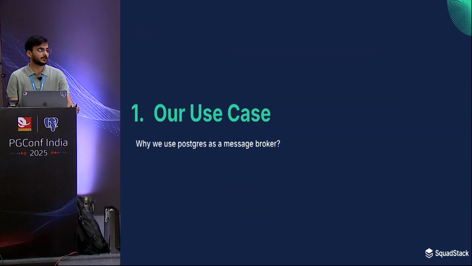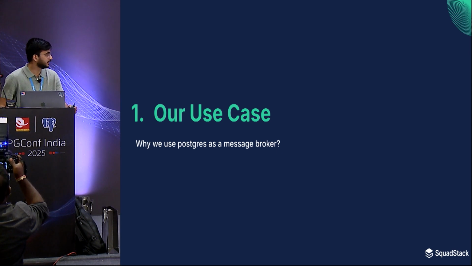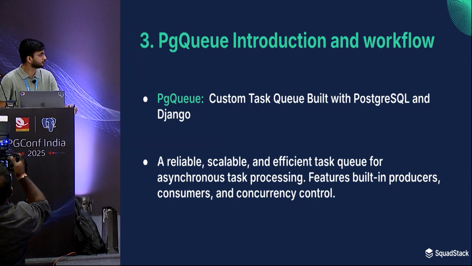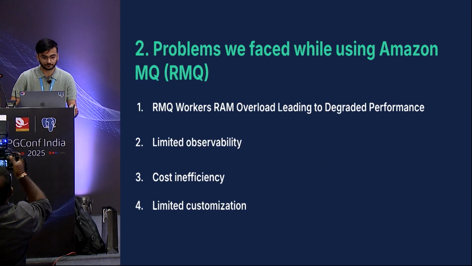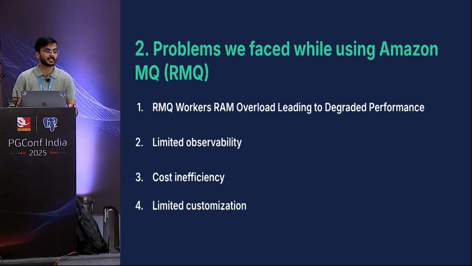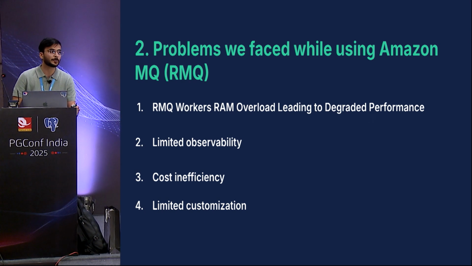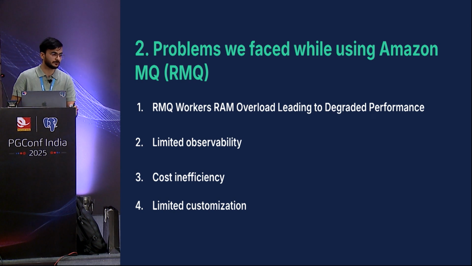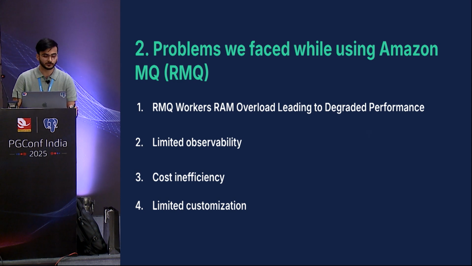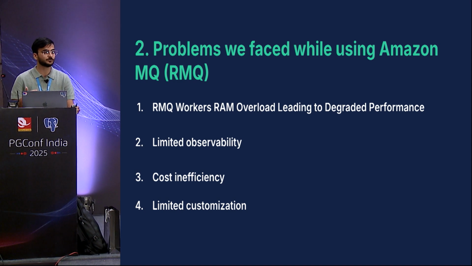So why did we use Postgres as a message broker? Let's first start with the issue in RMQ. In RMQ, we often faced RAM overload issues, as for asynchronous tasks we store all task data in RMQ. Sometimes when we get messages in bulk, it started causing RAM issues, due to which we needed to find some solution.